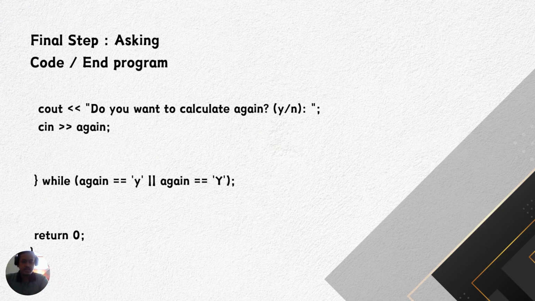Below that, you will see the while condition with double equals y, and double equals capital Y, so it will accept the capital Y and also the small y. If you say no or push end, it will end the program as a whole.